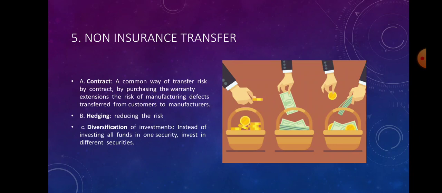A normal contract is a common way of transferring risk, by purchasing a warranty. If we purchase electric goods, especially home appliances, we get a warranty card. Within that period, if the product is damaged, we can show that warranty card and exchange our products. That is called a contract.